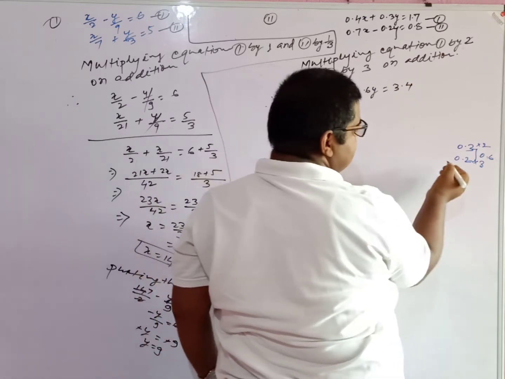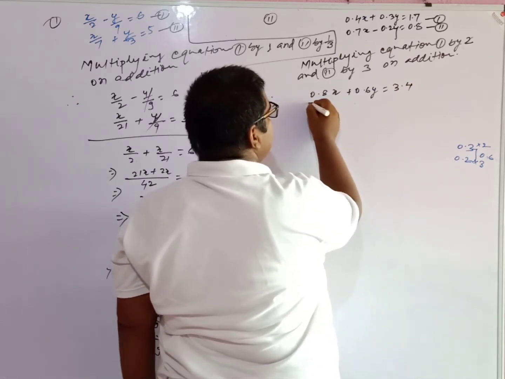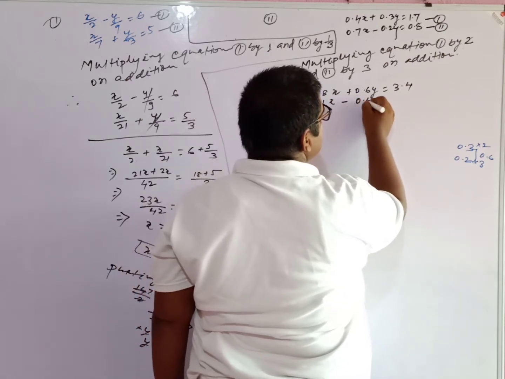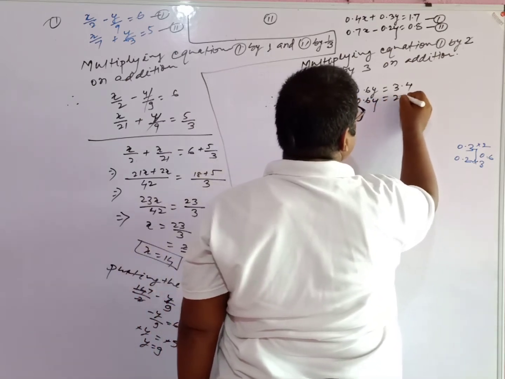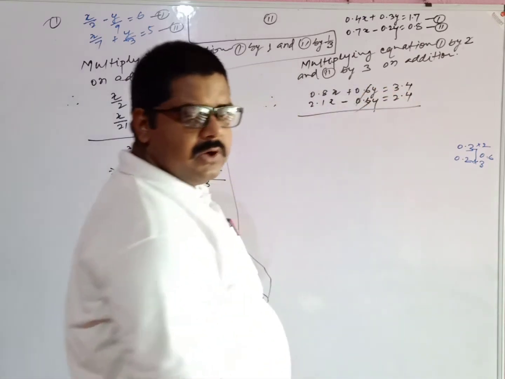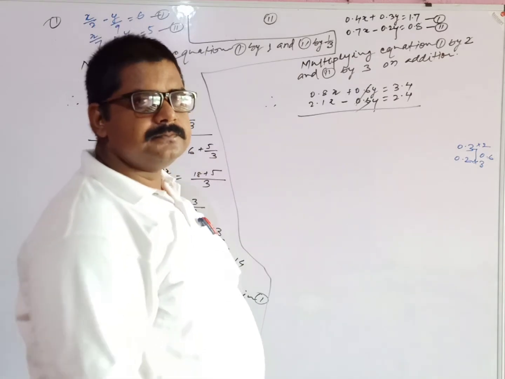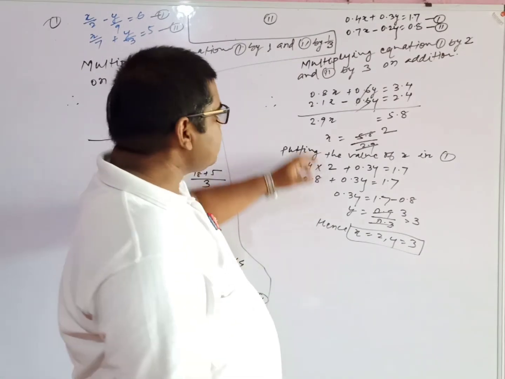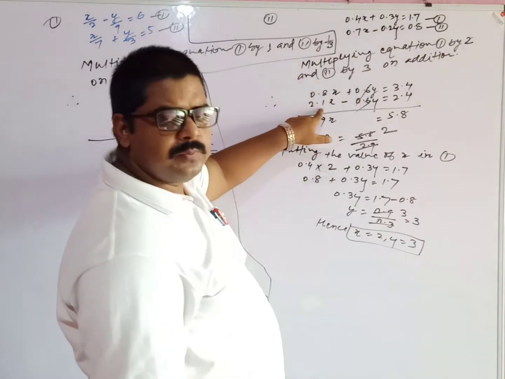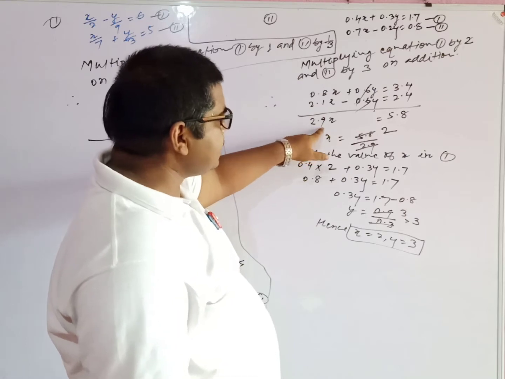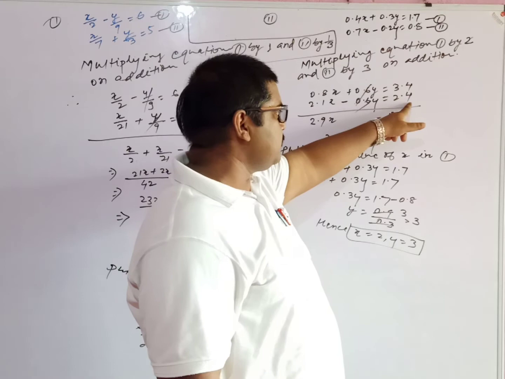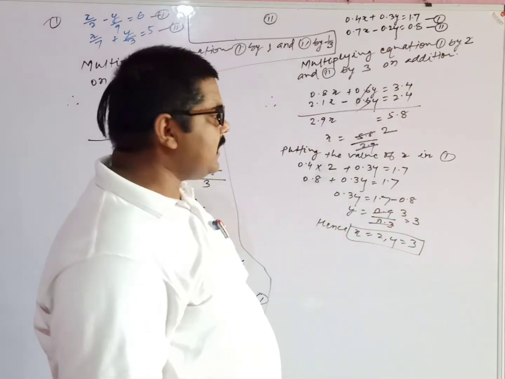The second equation multiplied by 3 gives 2.1x - 0.6y = 2.4. Now solve: add 0.8x plus 2.1x, which is 2.9x, and 3.4 plus 2.4, which equals 5.8.